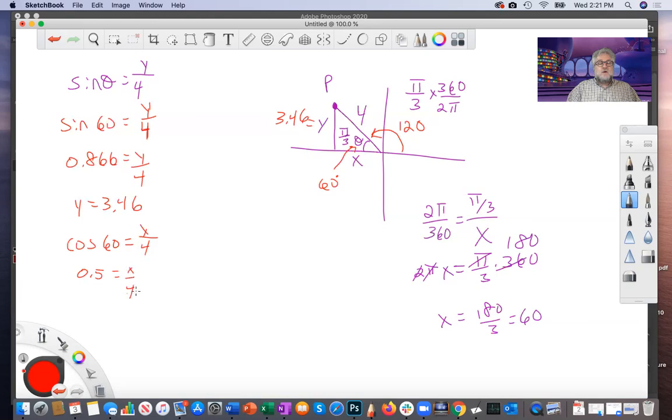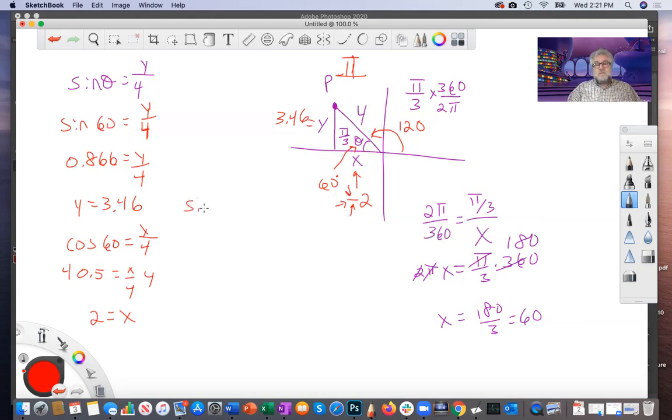Multiply both sides by 4. 2 equals x. However, it's in the second quadrant, and I got to remember that this is a negative thing. So I got to put into here -2. Super duper important, that negative sign.